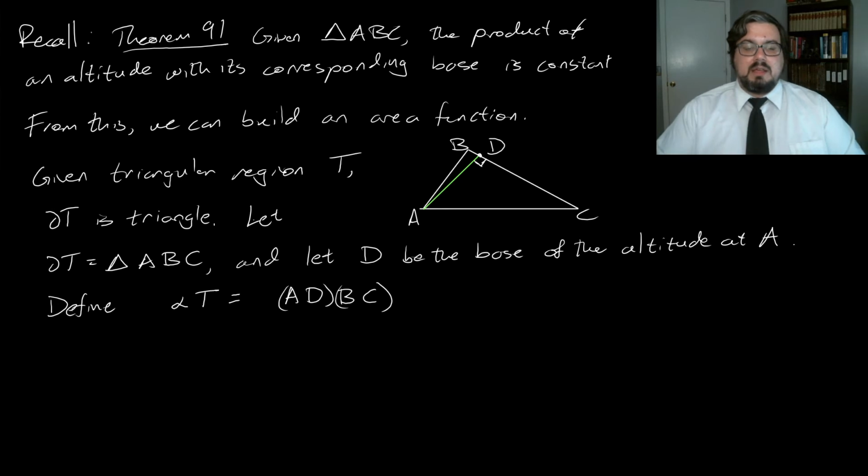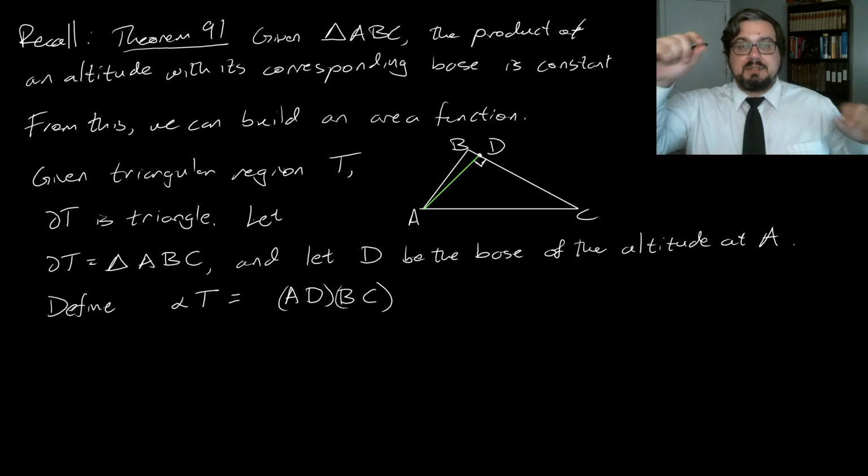Now, we're actually going to adjust this a little bit for a second, but let's start here. Now, the reason why Theorem 91 helps us is because if we're just given a random triangular region T, then that defines three vertices, but there's no particular reason to pick any one of those vertices as special over any of the others.